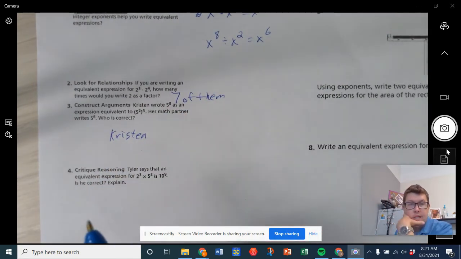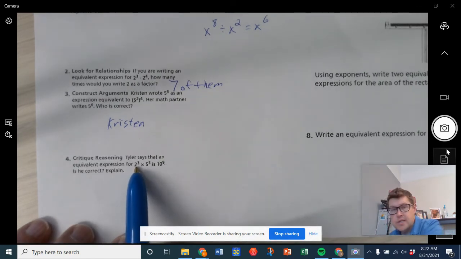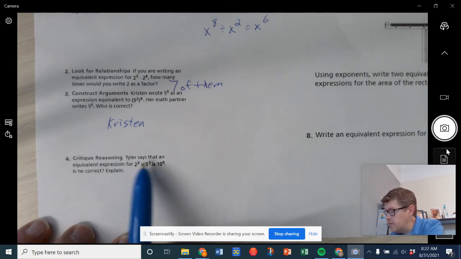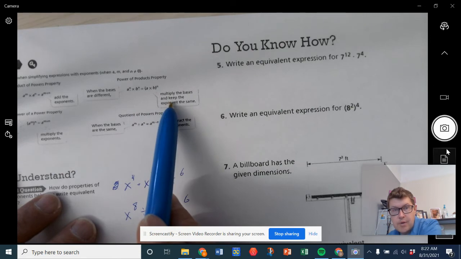And then Tyler says that an equivalent expression for 2 cubed times 5 cubed is 10 to the ninth. Is he correct? Explain. No, he's partially correct, right? When you have the same exponent but different bases, you multiply your bases. So 2 times 5 is 10, but you do not multiply your exponents, right? This is this example right here. Multiply your bases, keep the exponents the same.